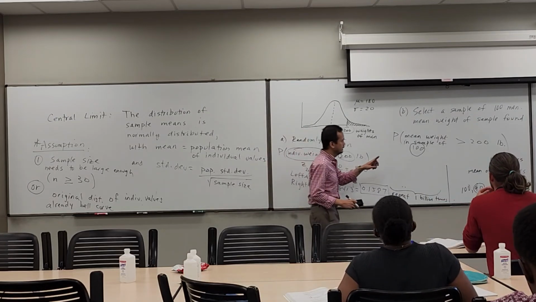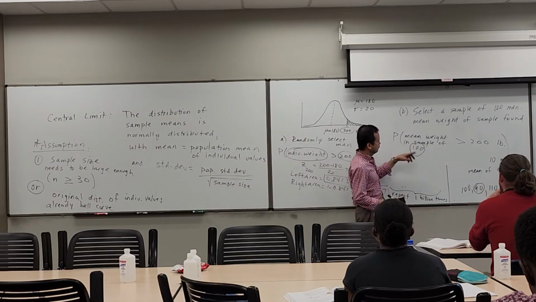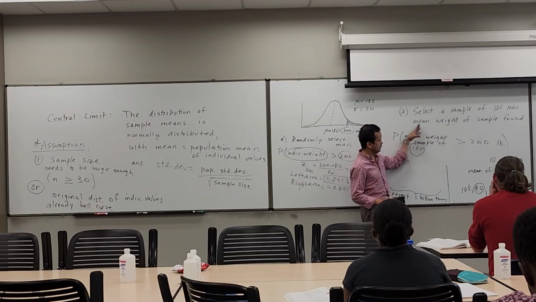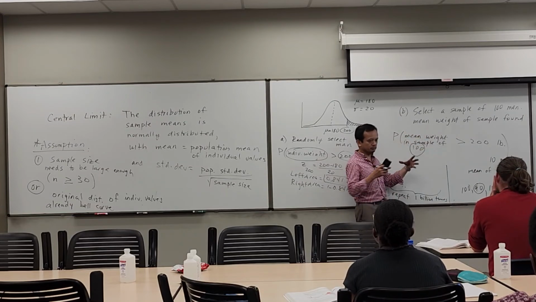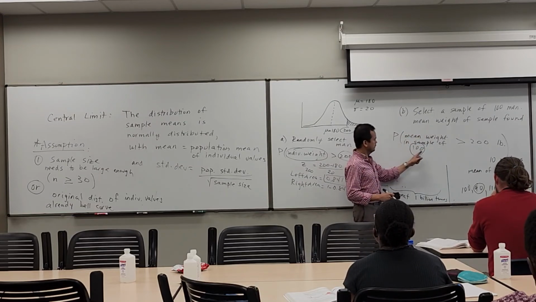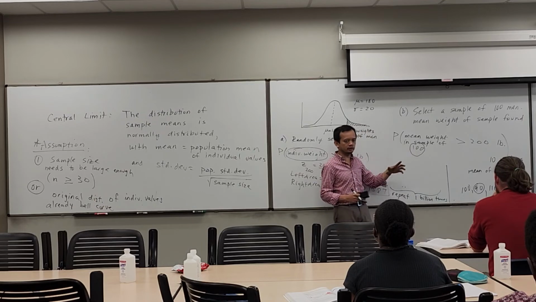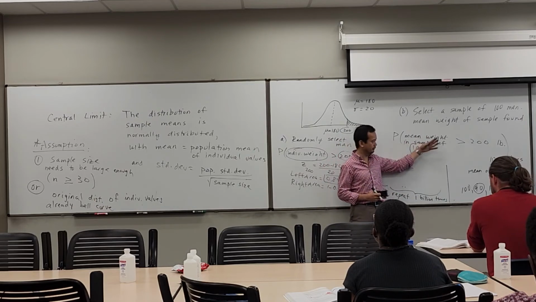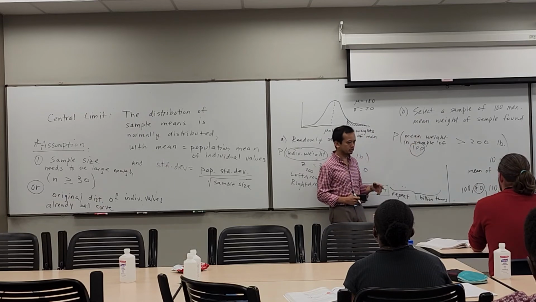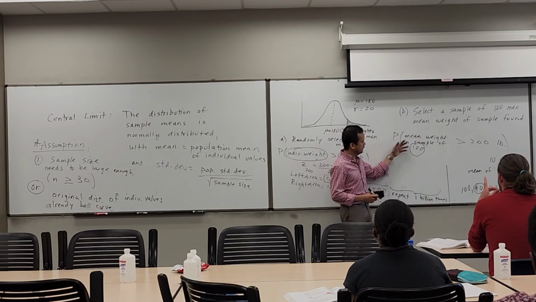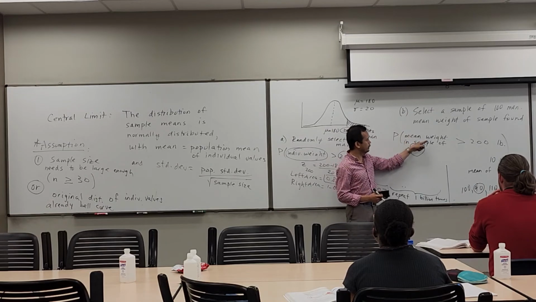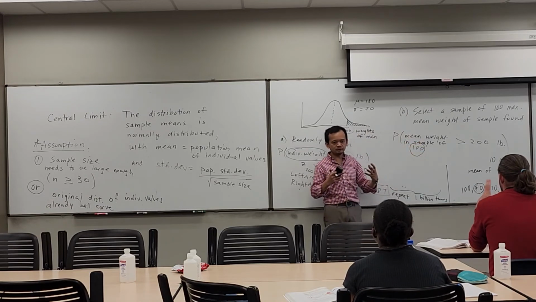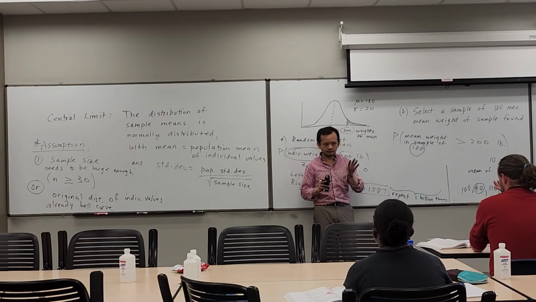So in other words, in the end, they're looking for an average value of a group of people. So here the group was 100, so we're looking for the average value or weight of the group of 100. So maybe a word that'll be a sample mean or the mean weight of a sample, anything that captures the average value of the group.